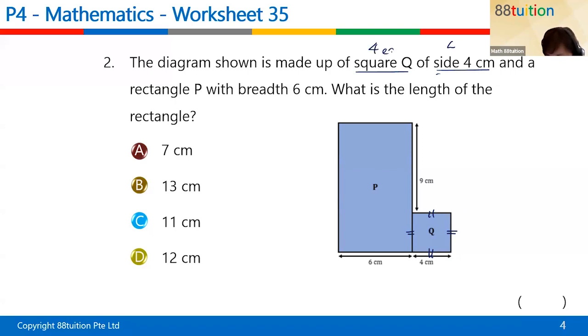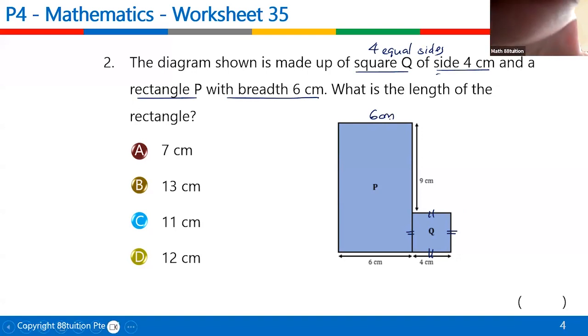Okay, so you have 4 equal sides, and each side is 4 cm. And you have a rectangle P, the breadth is 6. So for rectangle P, 6 cm for this. All right. Okay. And after that, I would have 4 cm here.